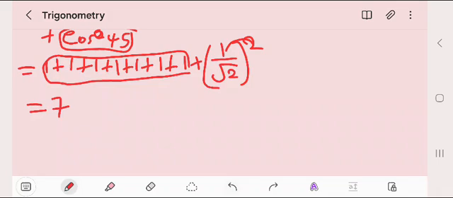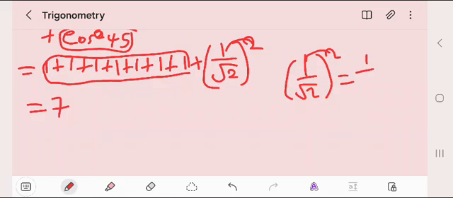Then here you'll have 1 over root 2. Then you square this. When you square there, this will be equal to 1. Remember, 1 raised to the power of 2 is still 1. Then you square this. Square root will cancel with the square.